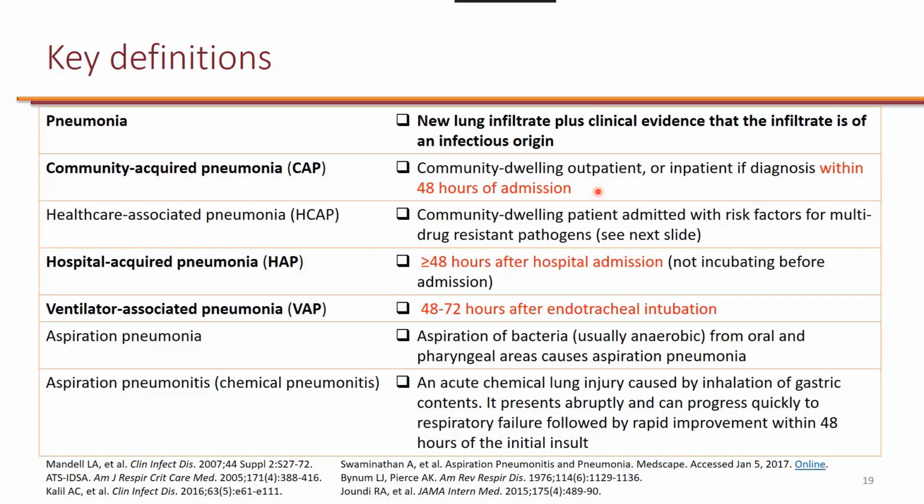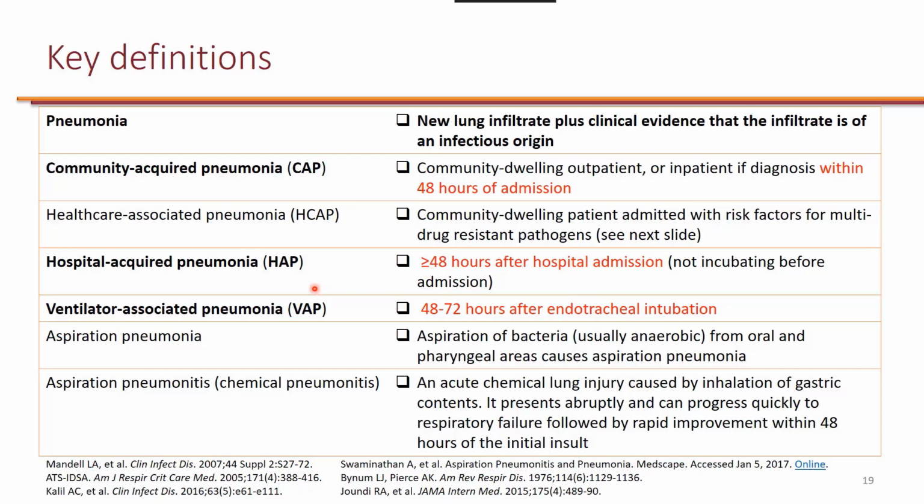So if pneumonia develops within the first 48 hours of hospitalization, that means these bacteria have already been growing. So the origin of these bacteria is from the community, not from the hospital. Whereas hospital-acquired pneumonia occurs beyond the 48 hours. So if the pneumonia occurs after 48 hours of hospitalization, it means that the origin of the bacteria is from the hospital. It's unlikely to be from the community.